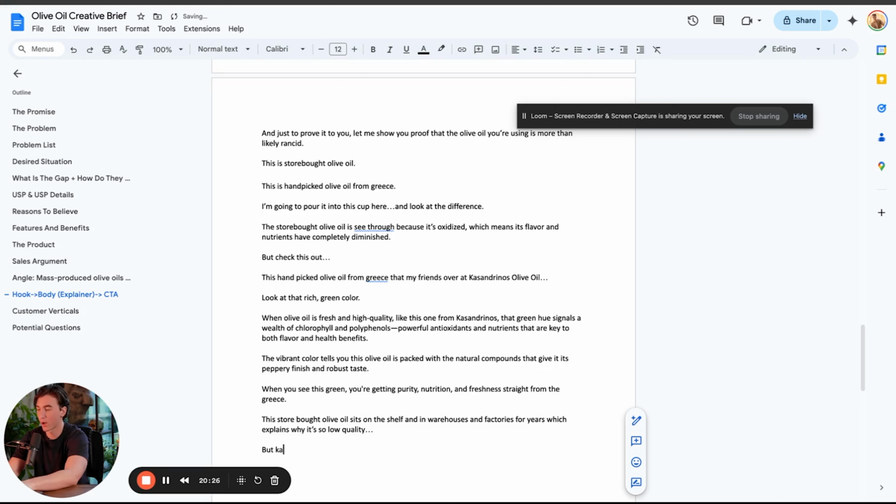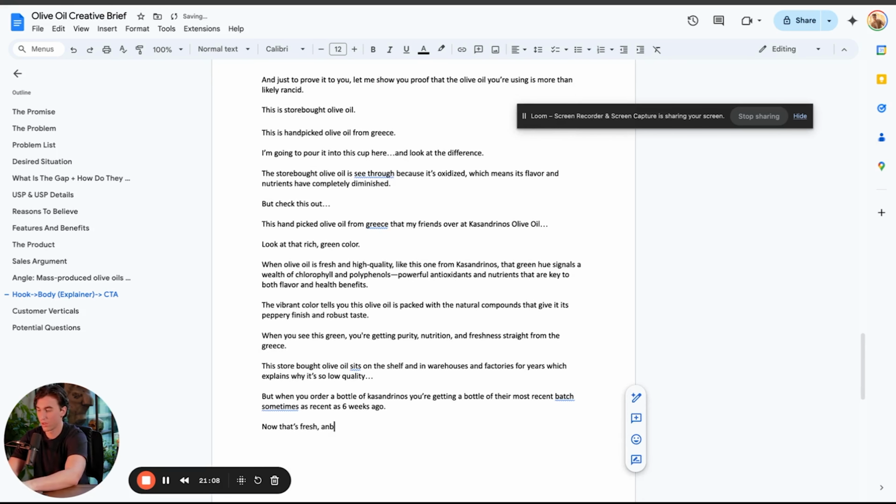But when you order a bottle of Casandrinos, you're getting a bottle of their most recent batch, sometimes as recent as 6 weeks ago. Now that's fresh, and more importantly, healthy and nutritious.